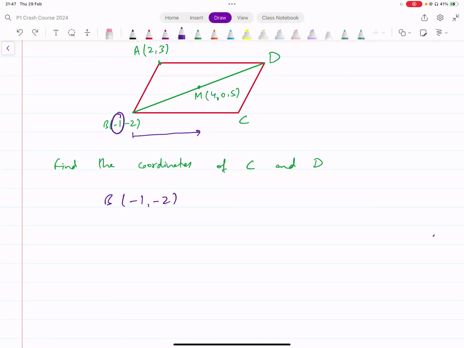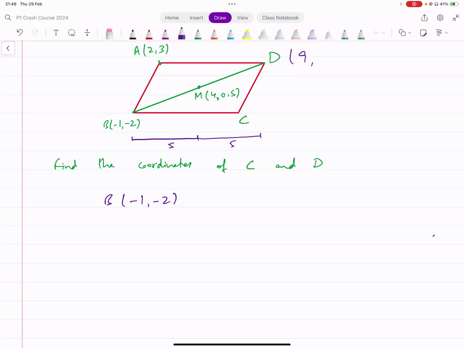So in order to go from B to M, we have to go 5 units to the right. Now, in order to go from M to D, we can just go 5 more units, and that will make us reach this point D. So you add 5 more to 4, that gives you 9 here.